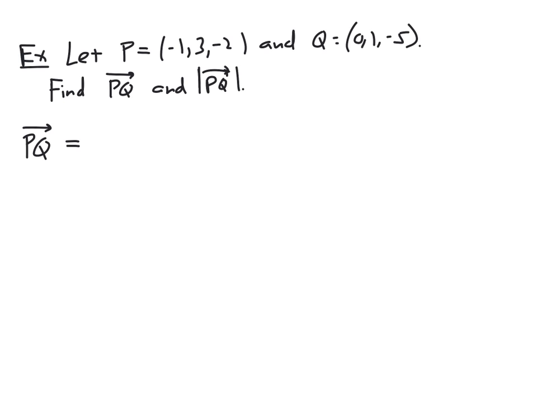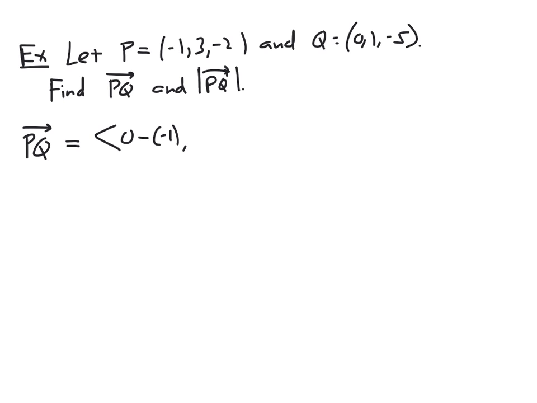And so we would always take the first coordinate of the terminal point minus the first coordinate of the initial point. So the first coordinate of the terminal point is 0. The first coordinate of the initial point is -1. So the first coordinate of my vector P to Q is going to be 0 minus -1.